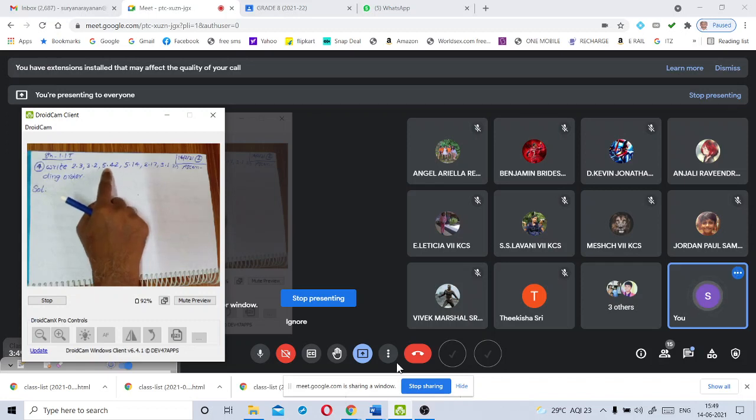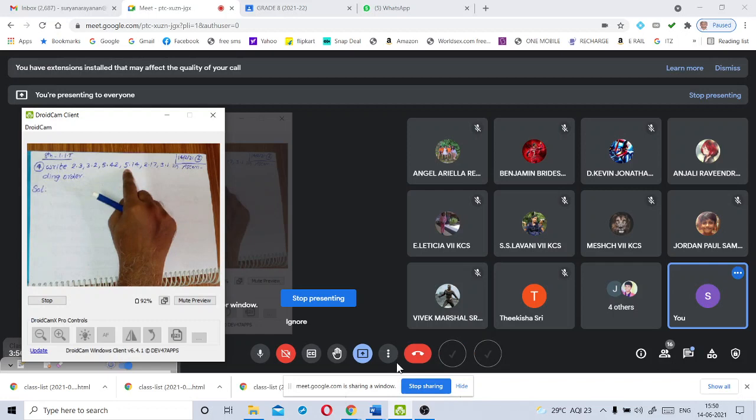Here, you should not read it as 5.42 like a single number. After the decimal point, please remember this point, my dear children, we should read the digits separately. Don't read it as a single number. You should read it as 5 point 4 2. Okay, my dear children, remember this point.